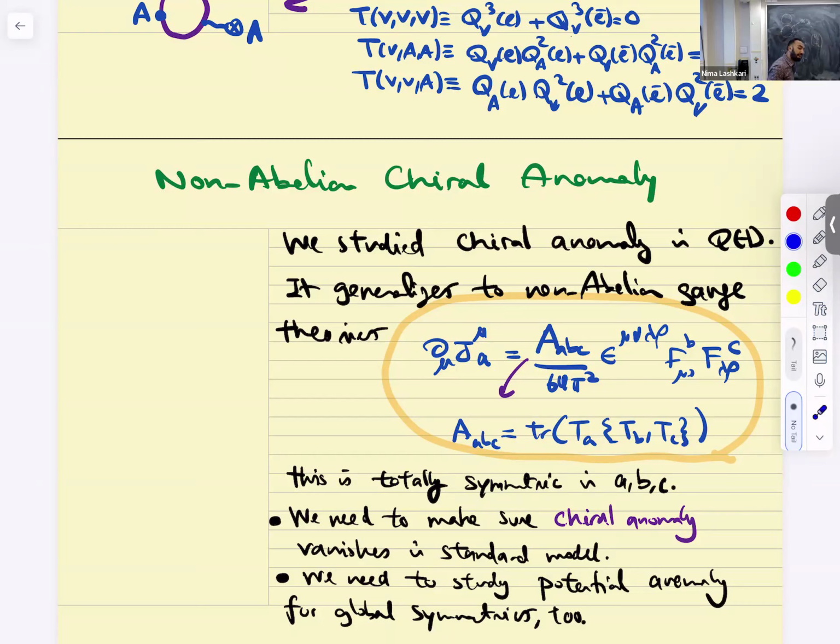So what are the TAs here for the case of the standard model? The TAs of the standard model are coming from the SU3, so we can call it T alpha. The Gell-Mann matrices correspond to SU3.